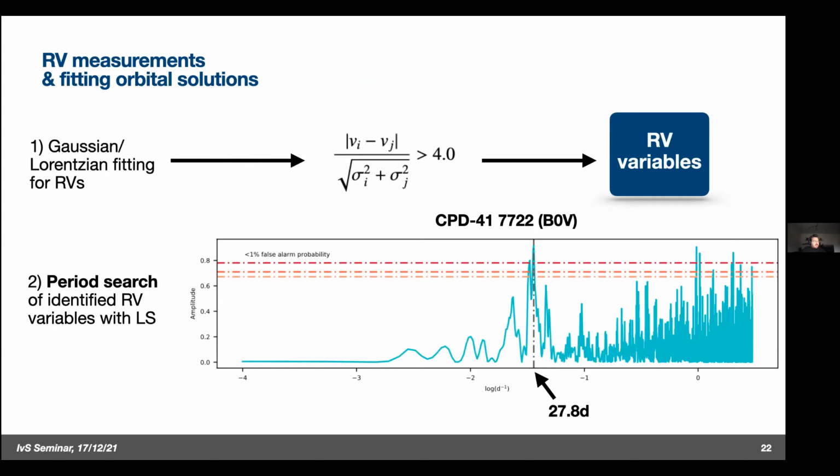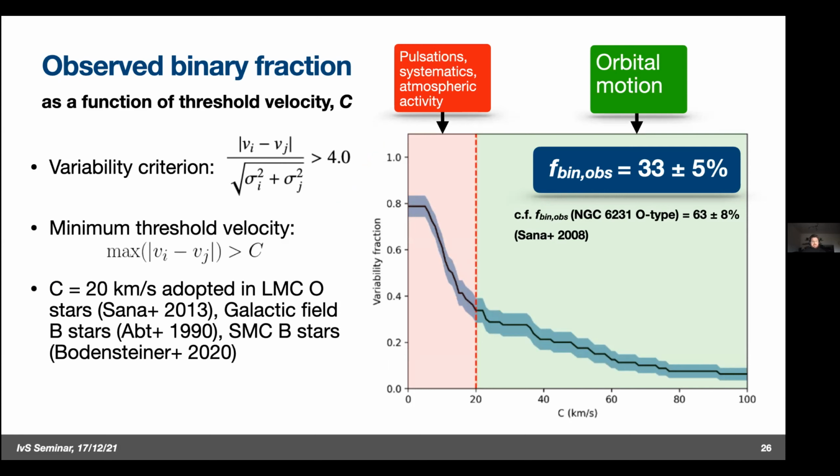But as I say, the actual selection of this 20 kilometers per second is corrected for in the bias correction, as this is our detection limit that we can use in the bias correction. So it is still quite an arbitrary choice, but in the end it doesn't really matter when we take the bias correction into account. But it definitely is interesting to find out if we can reduce this.